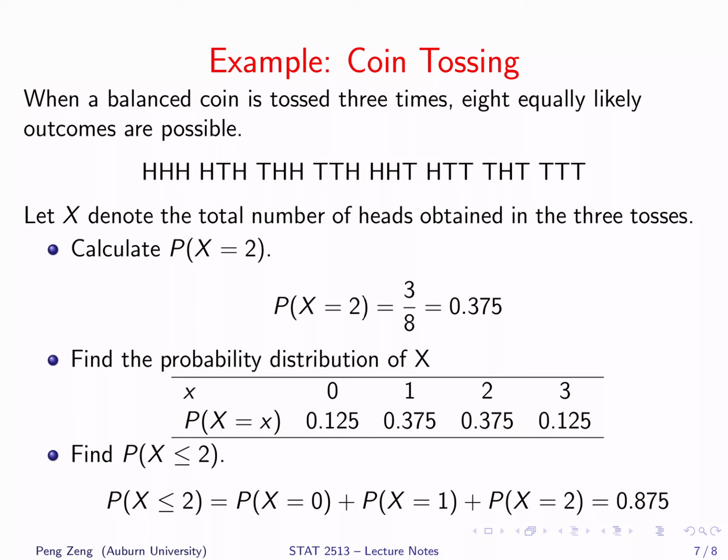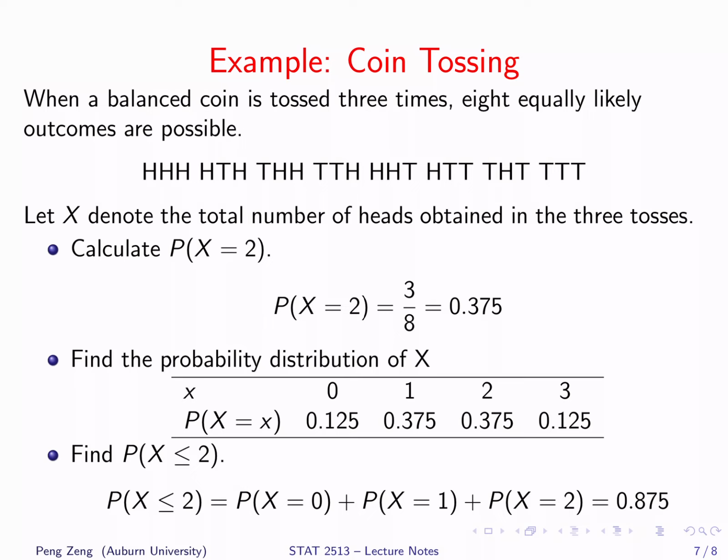We know that P(H) is 0.5. Therefore, P(HHH) equals 0.5 to the power of 3 equals 0.125. Similarly, the probability of each outcome is 0.125. Therefore, the 8 possible outcomes are equally likely.